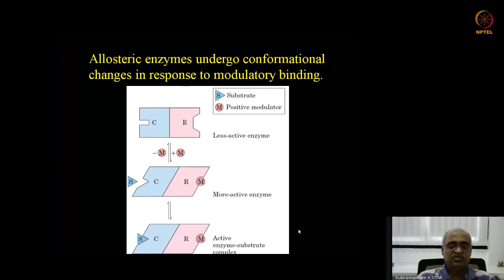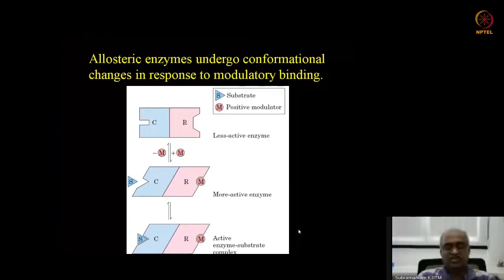In this case the allosteric regulator is the substrate itself, which is oxygen, so binding to one subunit activates the substrate binding, that is oxygen binding, on the other subunits.